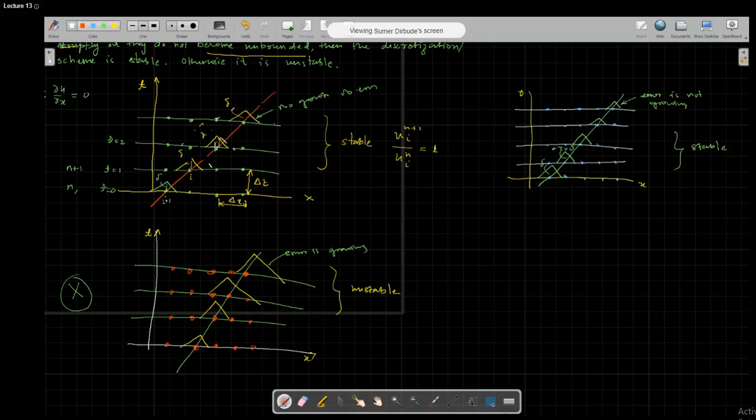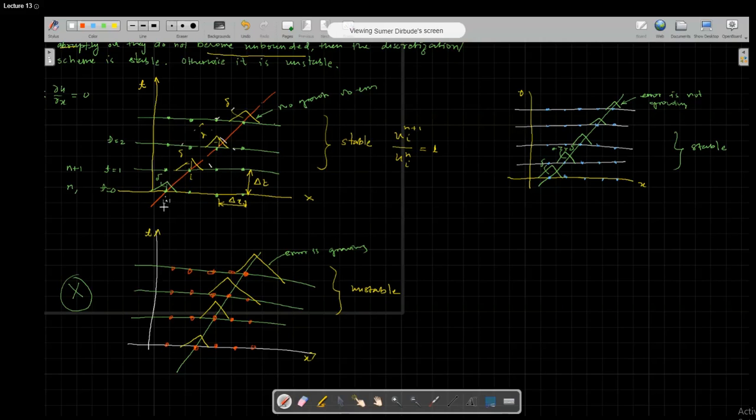This point should move at n plus 2 time at the I plus 1th location, likewise the I plus 2th location. Now, when it is moving, it is moving with velocity u, isn't it? It should be moving with that velocity.